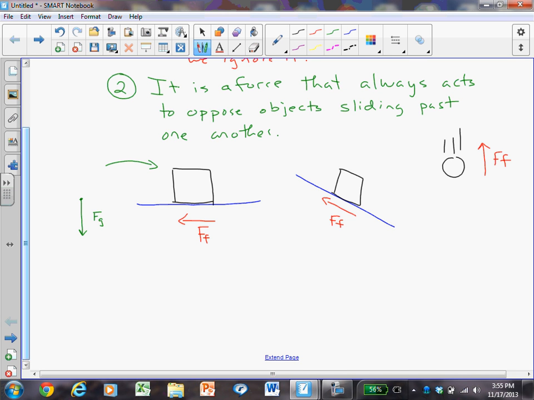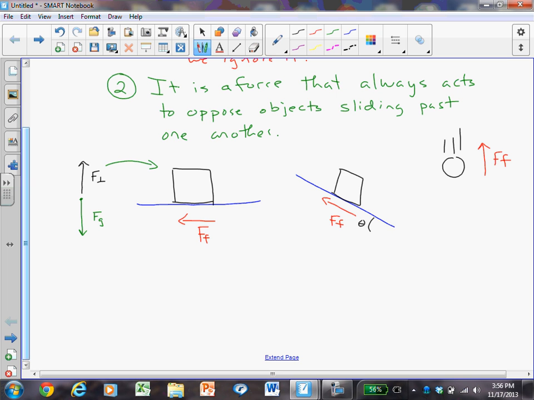We would also have this upward force that we could call F perpendicular, right? And if that's a flat plane, those are equal and opposite. And so in that case, this F perpendicular, because it's dependent on the angle of the surface, is a good measure to use for a friction force.